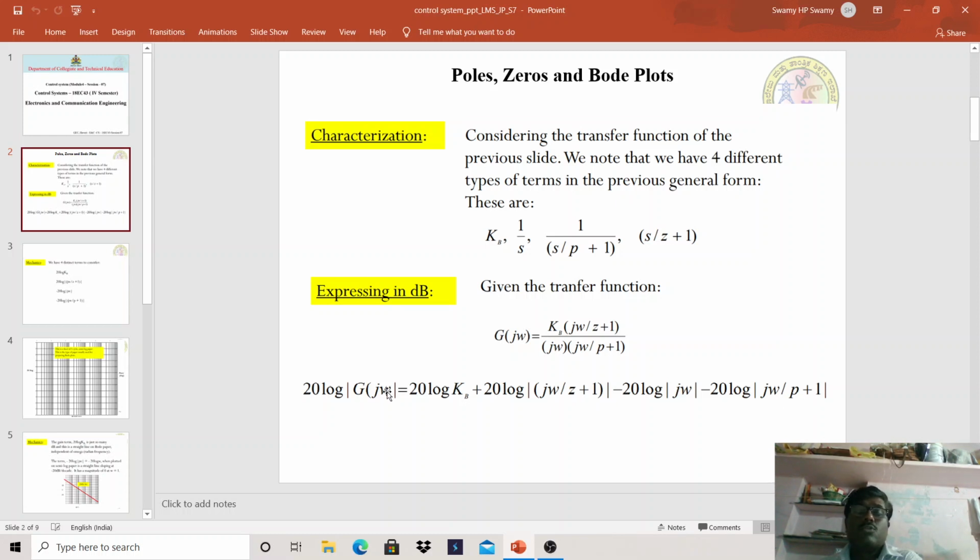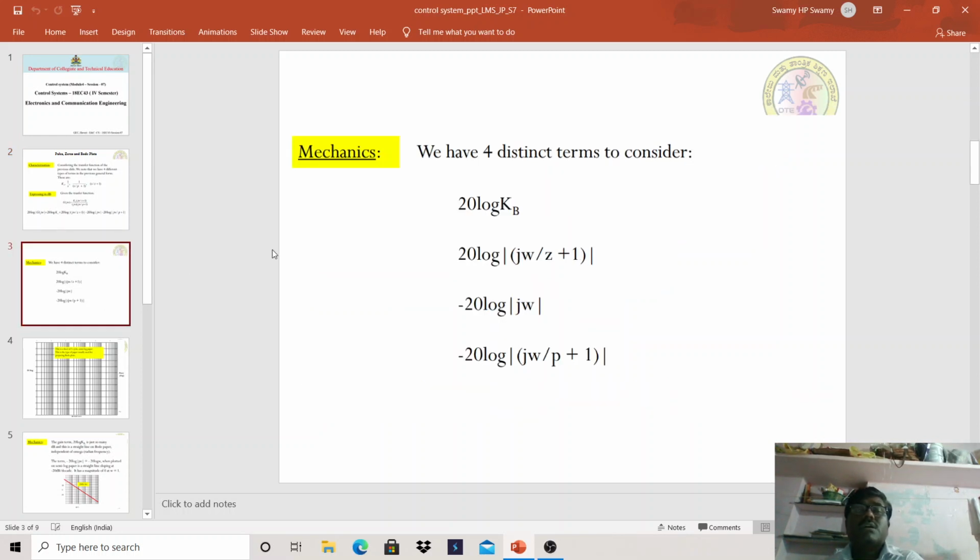By putting in the values of omega, you will get the magnitude of the equation. Now we have 4 distinct terms to consider: 20 log kb, 20 log j omega by z plus 1, minus 20 log j omega, minus 20 log magnitude of j omega by p plus 1.